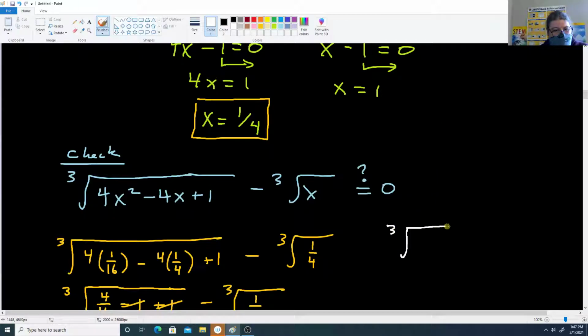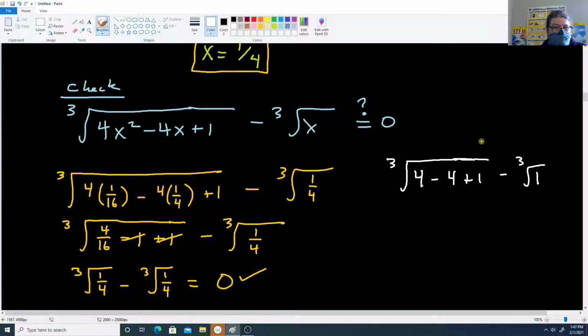If I put 1 in, I get the cube root of 1 squared is 1, times 4 is just 4, minus 4 times 1 is 4, plus 1, minus the cube root of 1. 4 minus 4 cancel. We get the cube root of 1 minus the cube root of 1, which is 1 minus 1, which is also 0.